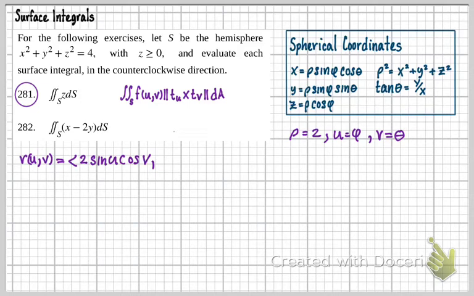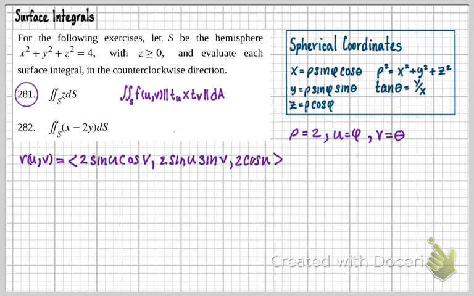My second component is 2, because that's my rho, times sine of u, and sine of v. For the third one, rho is 2 and cosine phi is cosine of u. So there's my r(u,v).